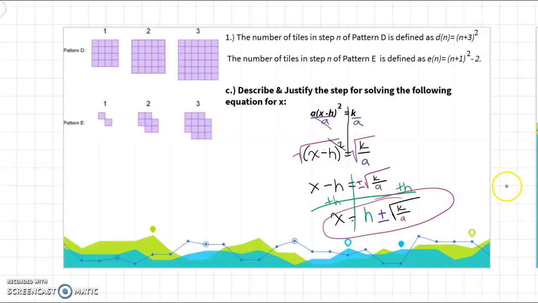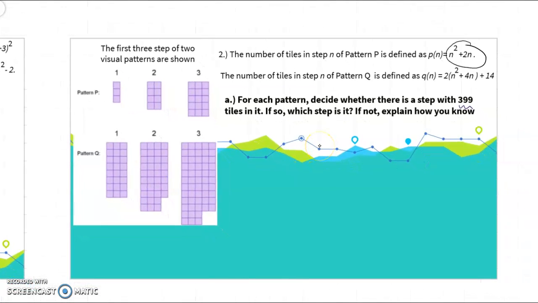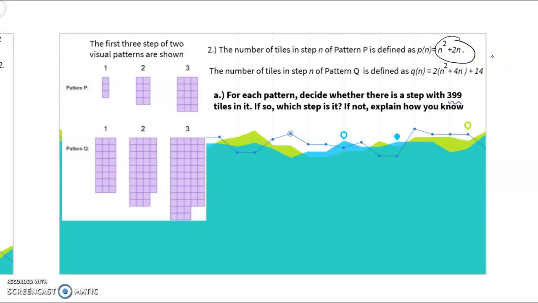Now let's actually get to different parts here. Now I have pattern Q and P. So I'm going to do the exact same process that we've been doing for the other ones, except now I have two different equations. And I'm looking for what step number will have 399 tiles.